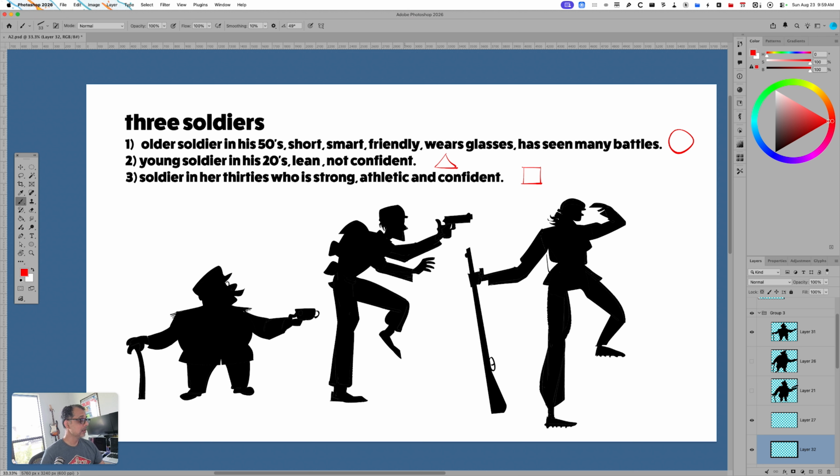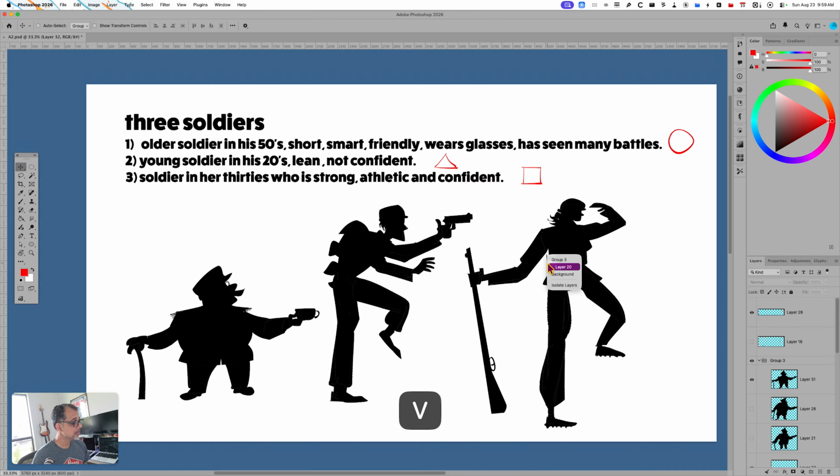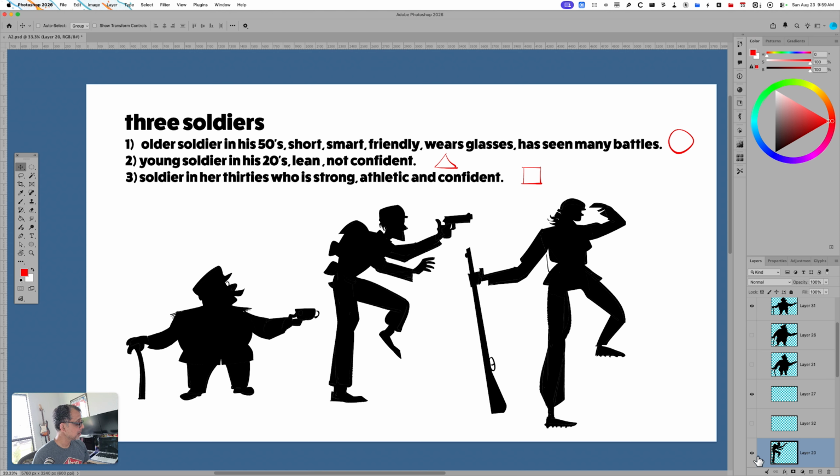And then the character that is on the far right, this character over here. Oh, there's an extra line somewhere. It's on this layer here. So just, there we go.